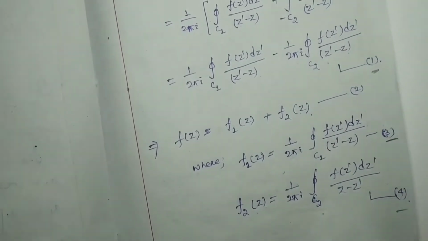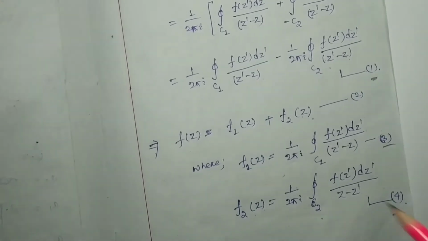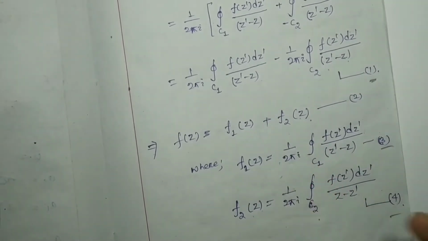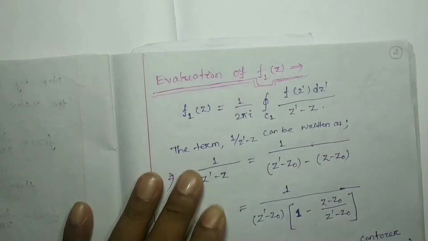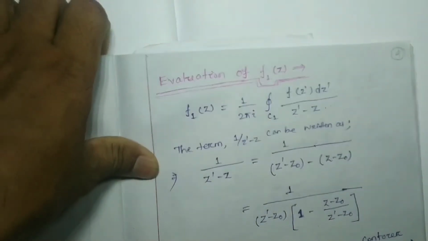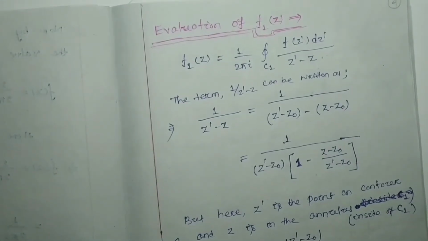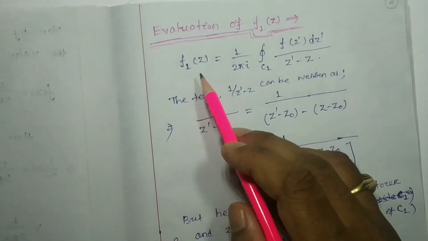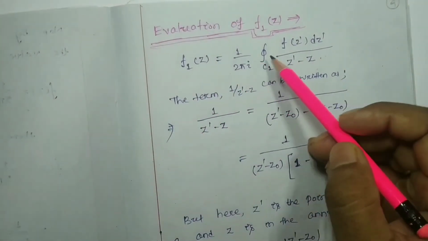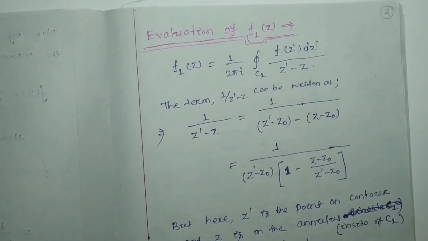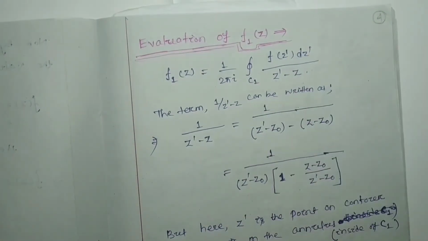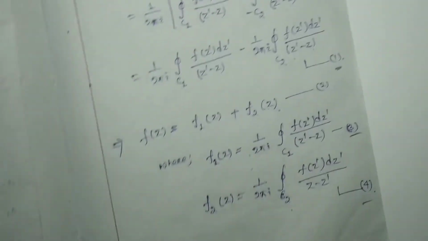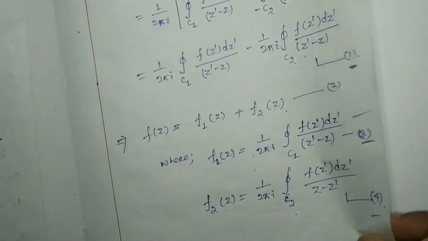Now we have to evaluate f1(z) and f2(z) separately, and then we have to add. So first the evaluation of f1(z). This is interesting, so you have to watch carefully. So f1(z) we found is 1 by 2 pi i closed integration over C1 of f(z dash) dz dash by (z dash minus z), this one from your equation number 3.